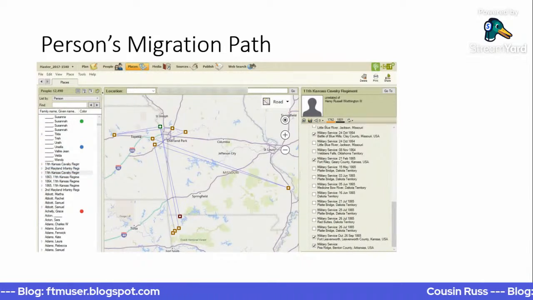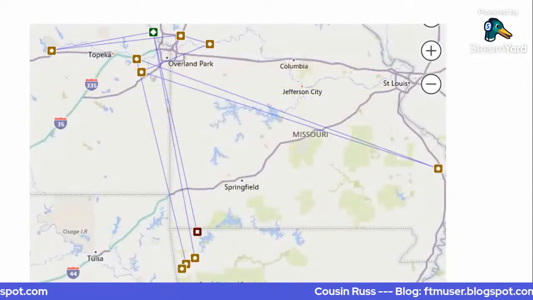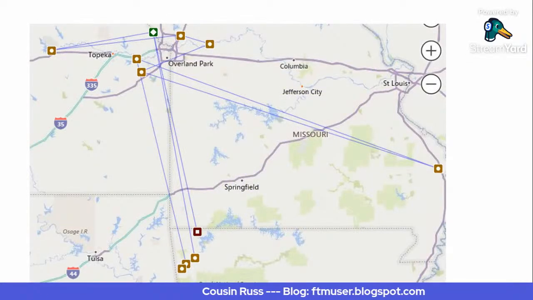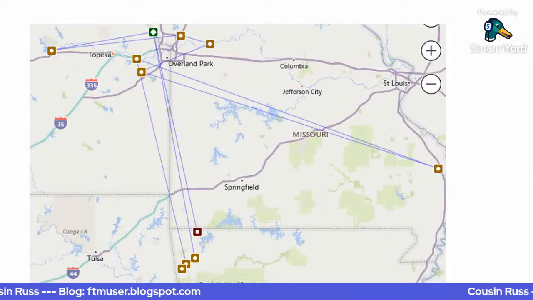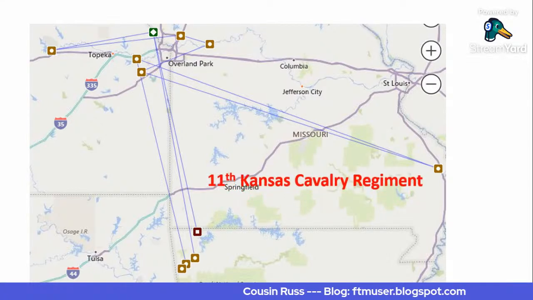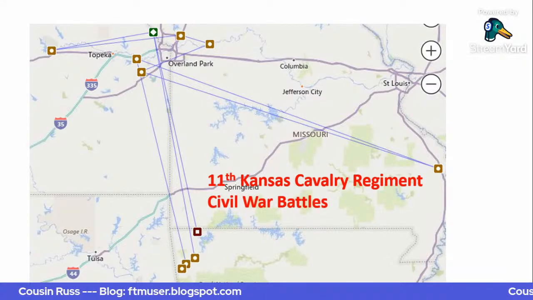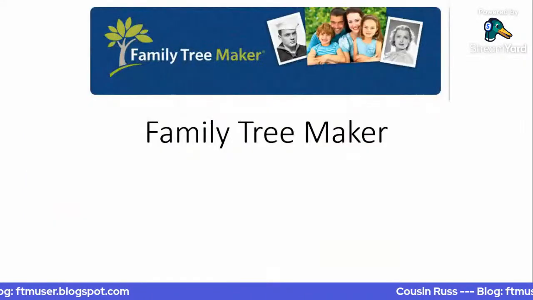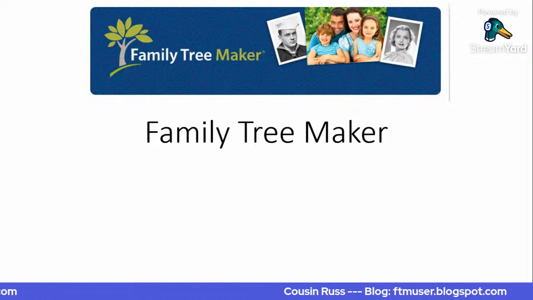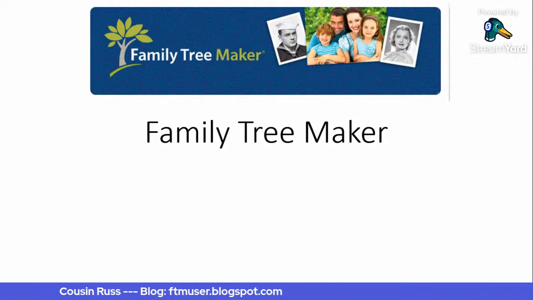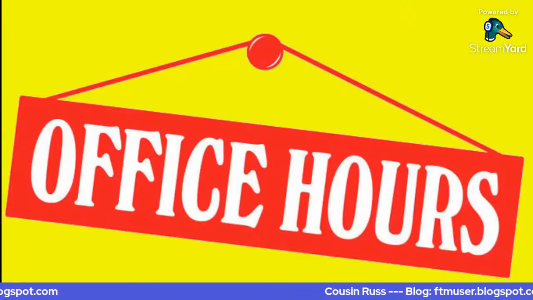I know you can't see that map very well, and I'll now show it to you a little bit clearer, but that is some of the battles that my great grandfather took part in, for the 11th Kansas Cavalry Regiment and his Civil War battles. So that's a couple of the things that I have done with Family Tree Maker and the Places workspace.